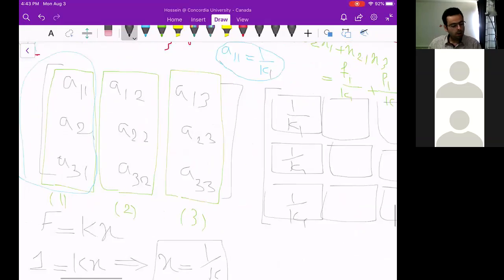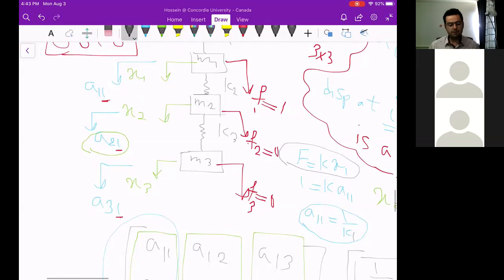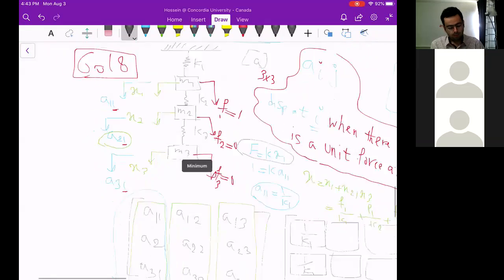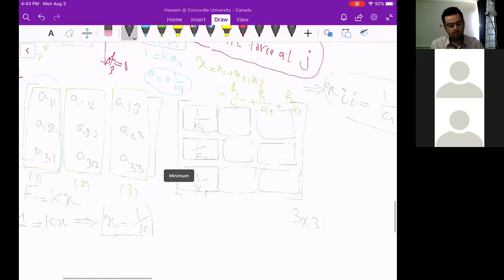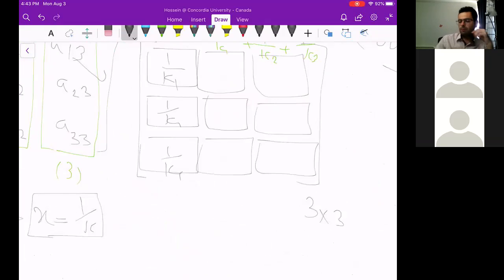So at the first step, I just inserted a unit force at mass 1. F is Kx, F is unit, and the displacement, which is A11, is 1 over K1. So M2 and M3 will therefore be displaced as 1 over K1. Before going further for filling out the second and third column, you have to use the reciprocity theorem.